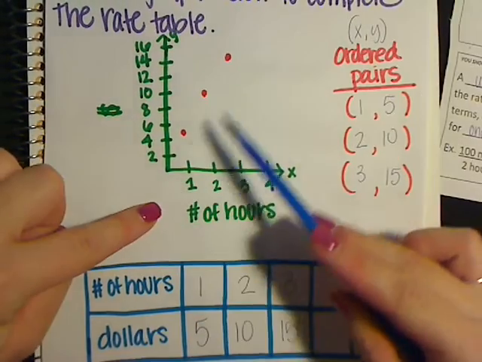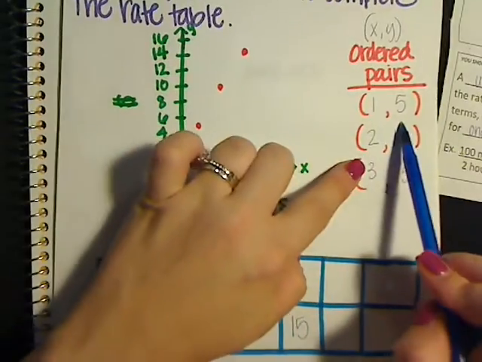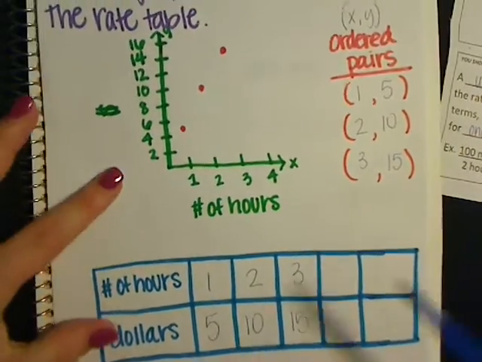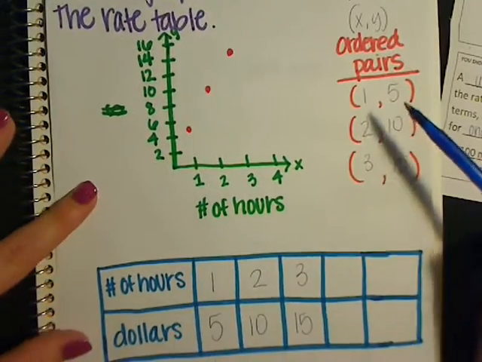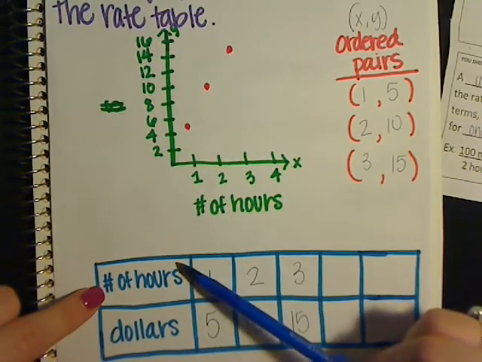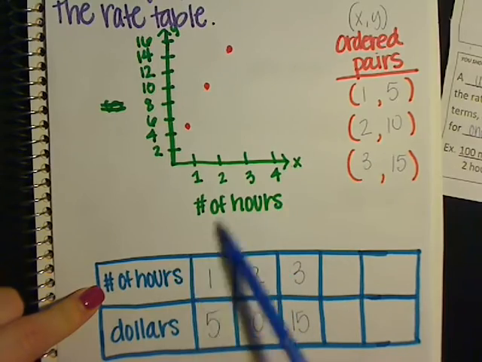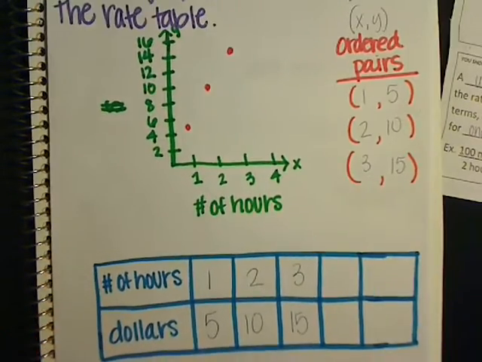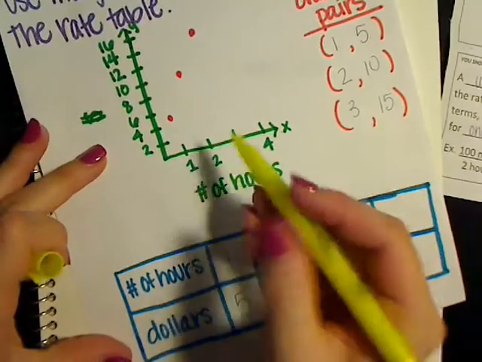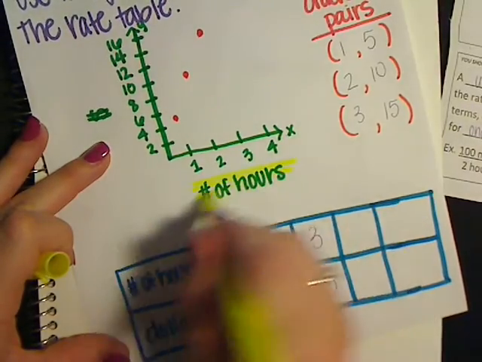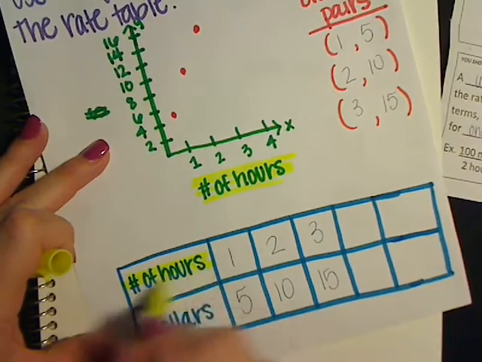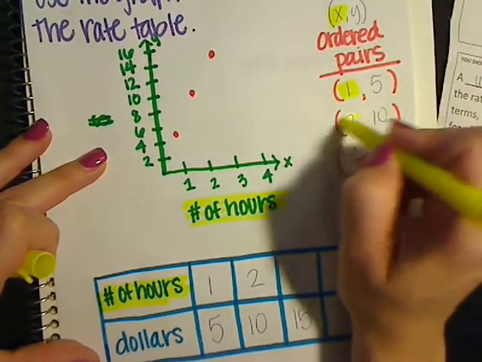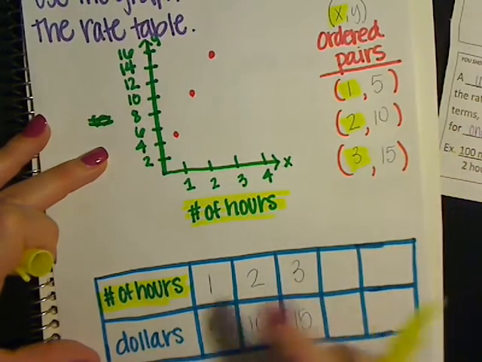Okay, so I've pulled my ordered pairs out of the graph, and then I've taken these ordered pairs and I've transferred them into a rate table. So what you have to pay attention to is the number of hours. Those are my x values. Let's highlight these. The number of hours here and here were my x values. 1, 2, 3.